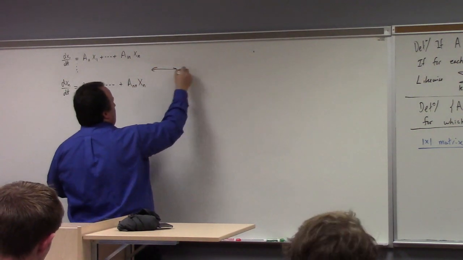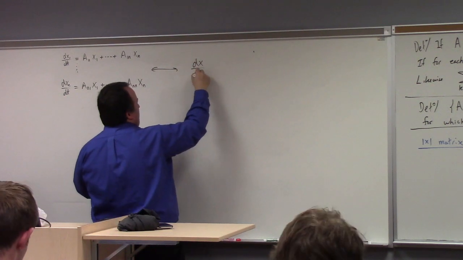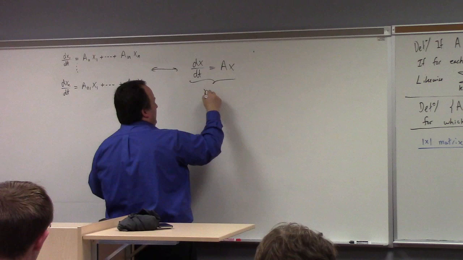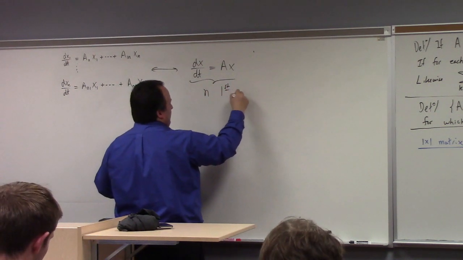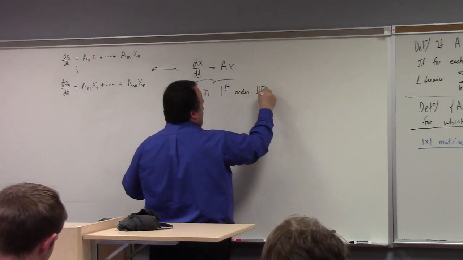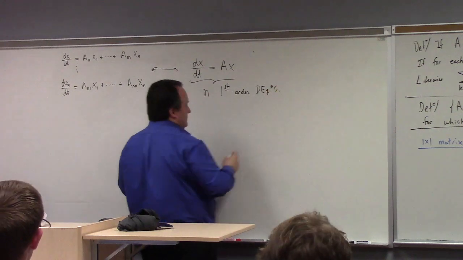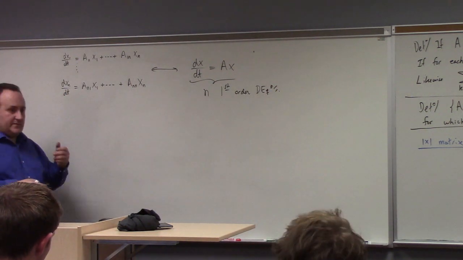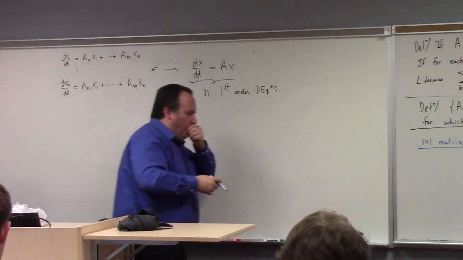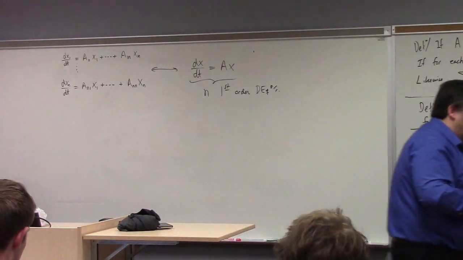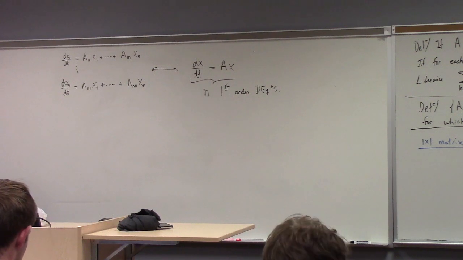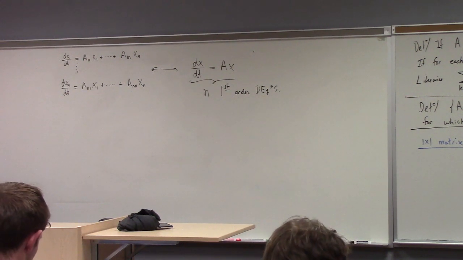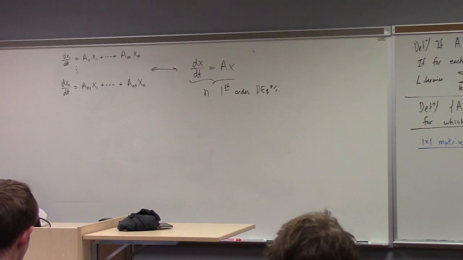So you can trade this for dx/dt equals Ax. So this is n first order differential equations. How do you solve this? Well, if you know eigenvectors and eigenvalues, you can write down a bunch of solutions from eigenvectors and eigenvalues. So that's one thing you can do.